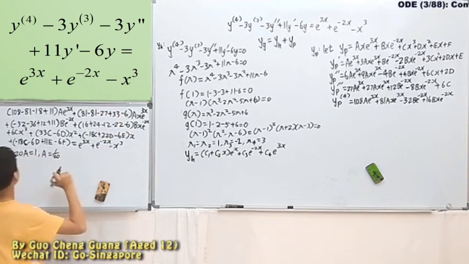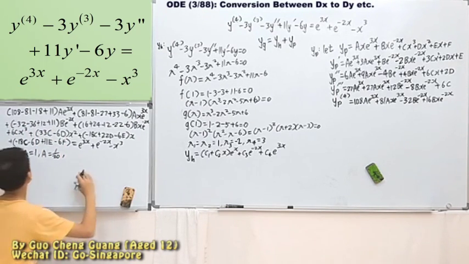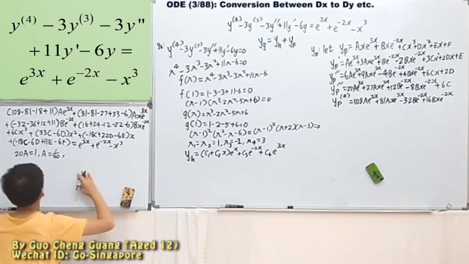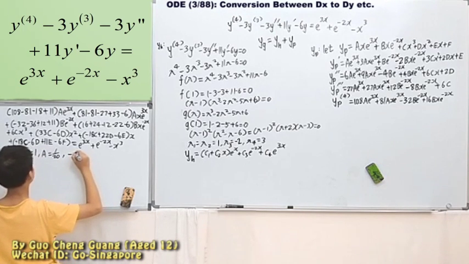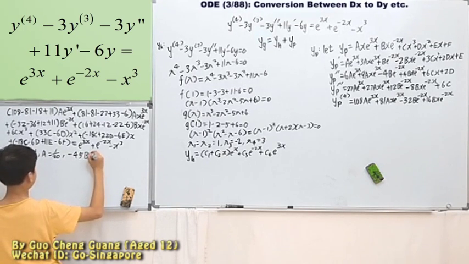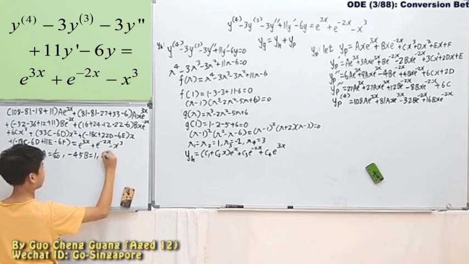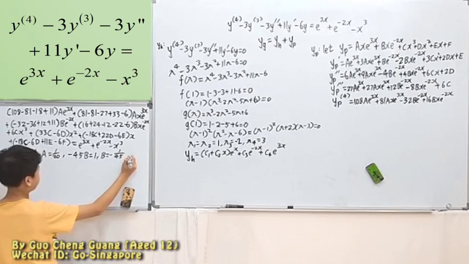So here we don't have, that is B. So negative 45b would be 1. So b is negative 1 over 45.